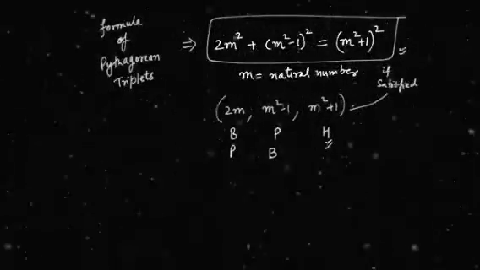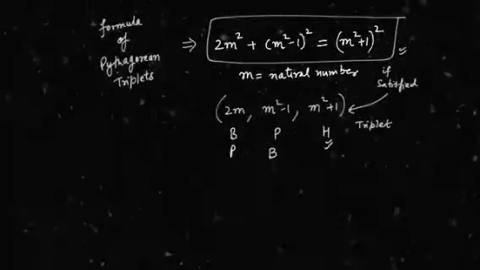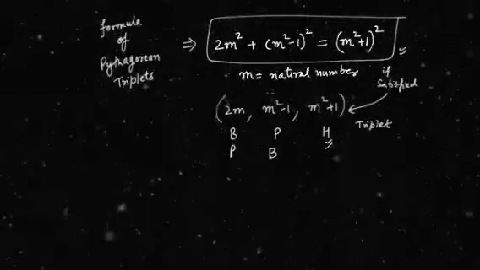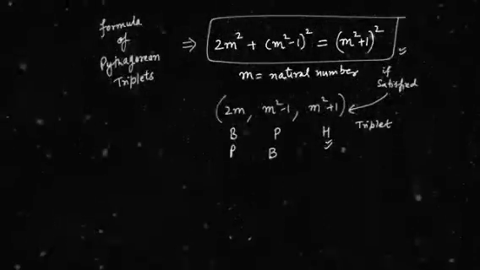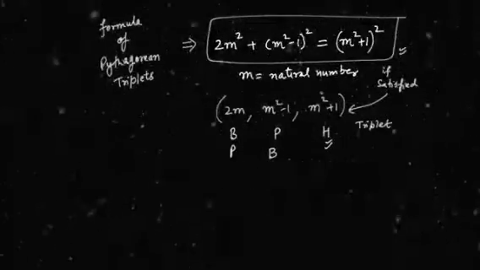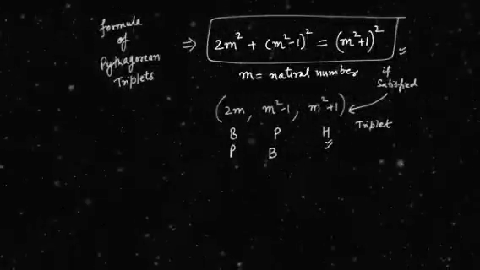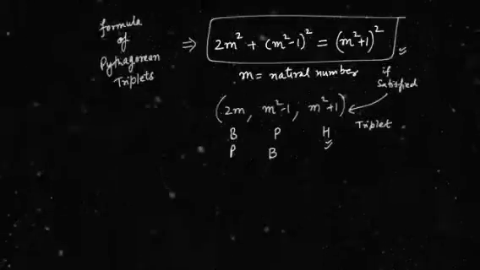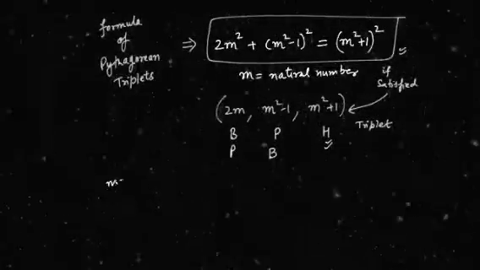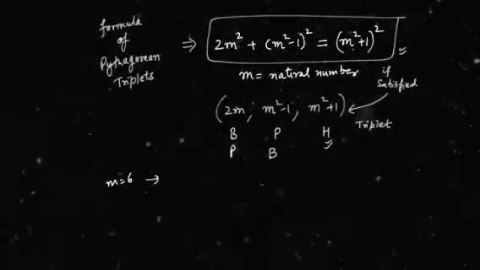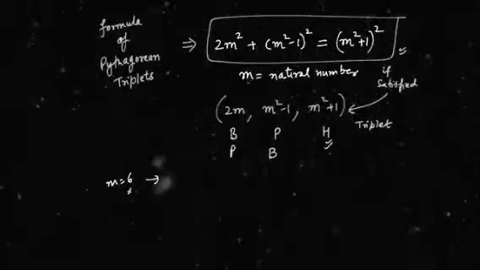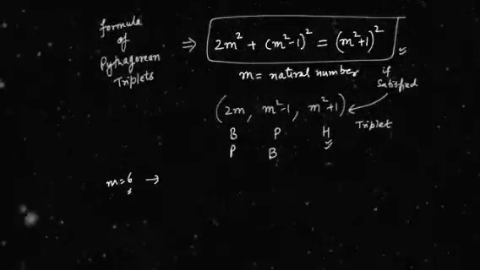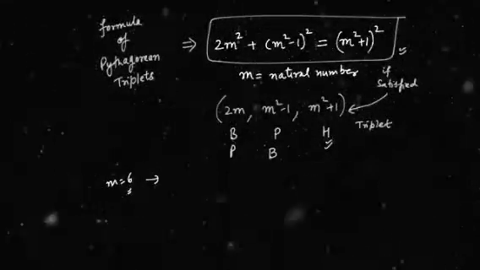Now if any set of numbers satisfies this formula, then we will say that we have got our triplets. To understand it better and more clearly, let us take an example. We are going to take a random value of m as 6. Let's check whether, on putting the value of m in this formula, 6 can form Pythagorean triplets.